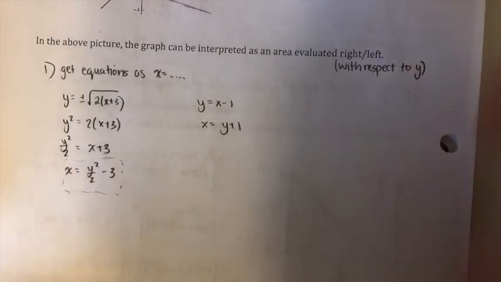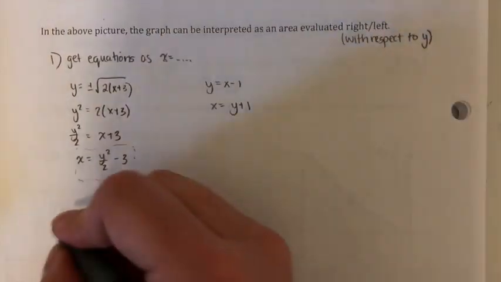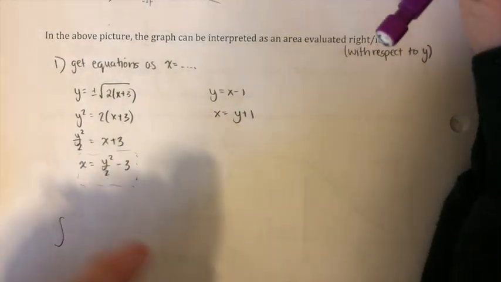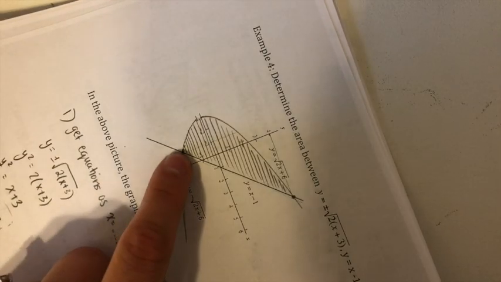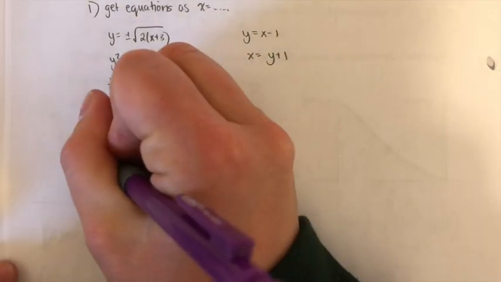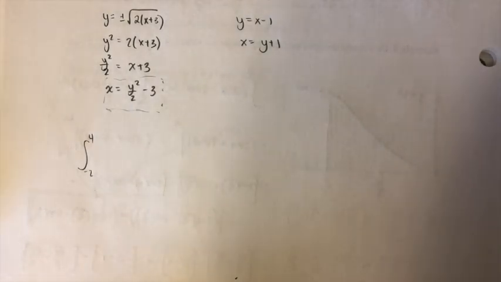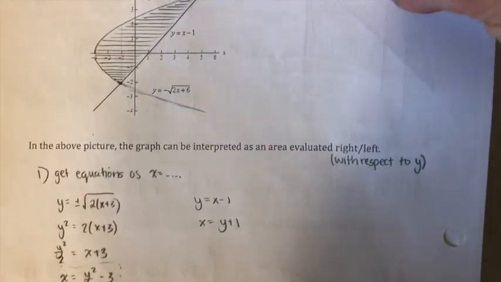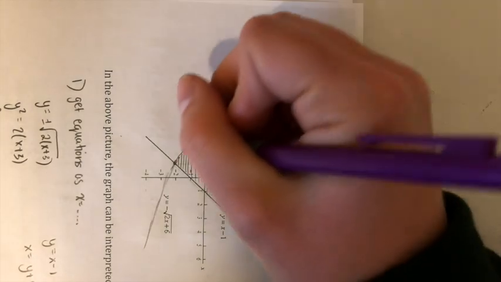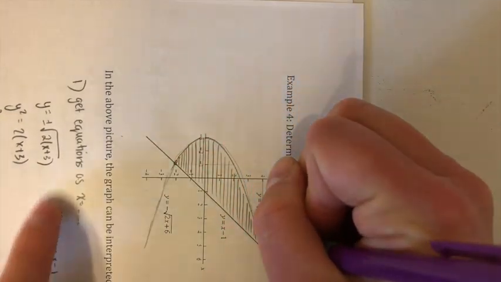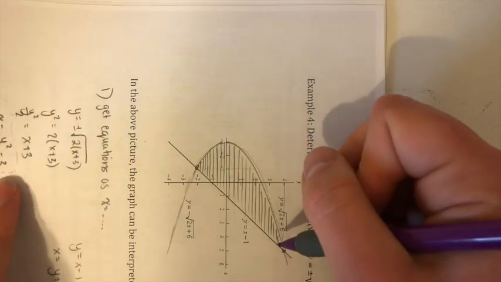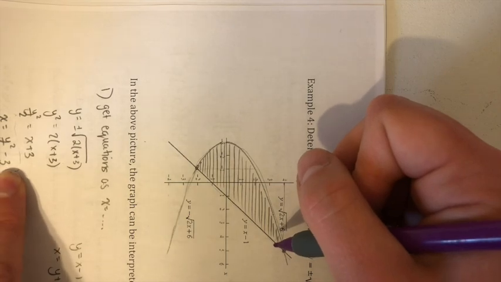Okay, so now we want to set it up as the integral from, again, -2 to +4. And we want to take, I just like turn it, right? So we now know that the one on top is this guy here, the y squared over 2 minus 3.